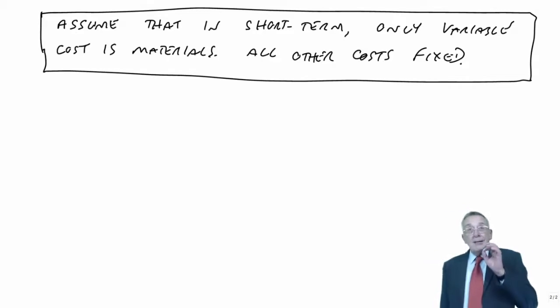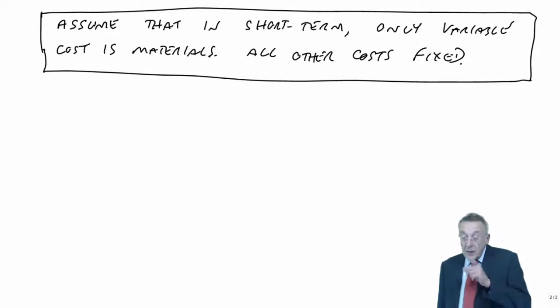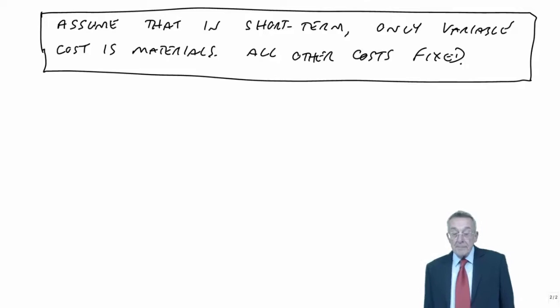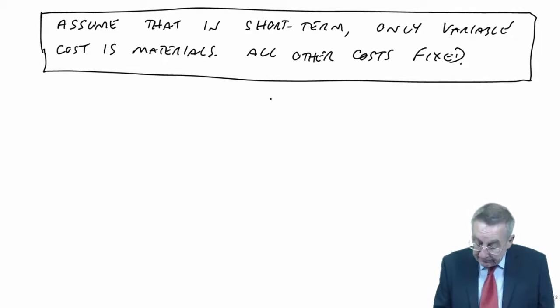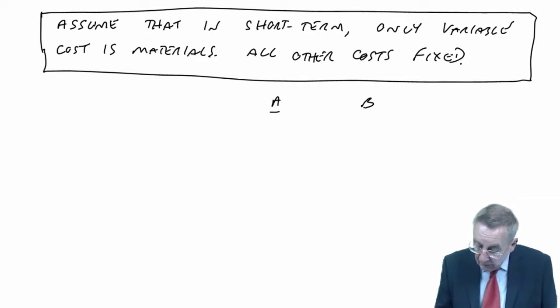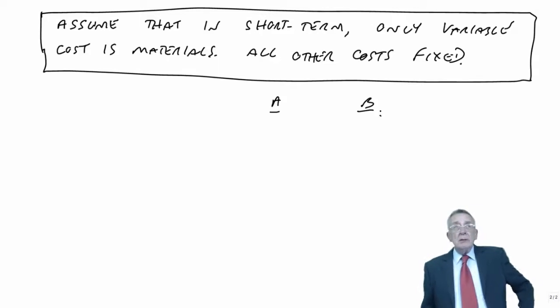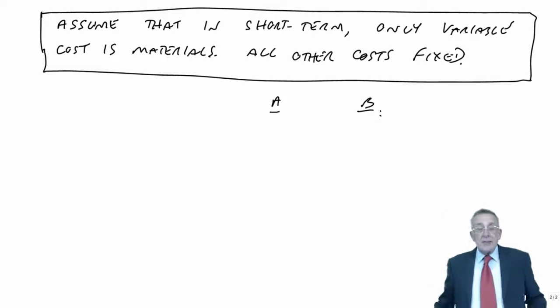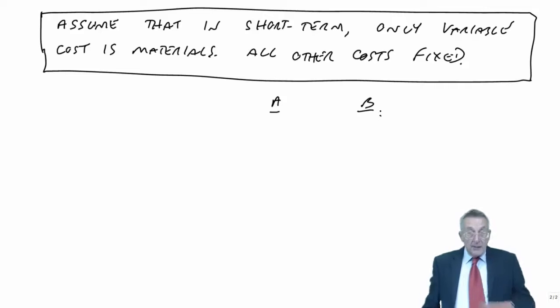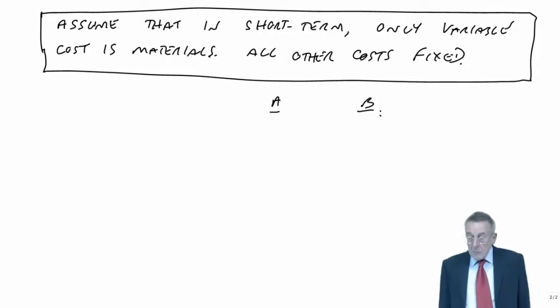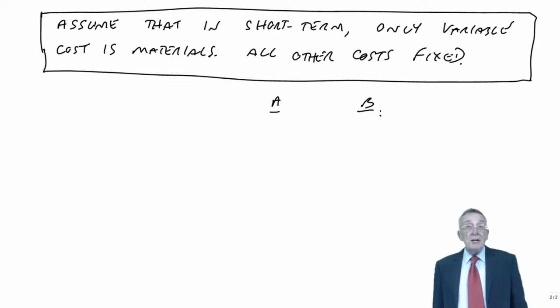But we now do exactly what we did in exercise 1, but with that one assumption. And what did we do? First of all, without repeating all the logic of example 1, remember it's exactly the same figures here. First of all, we looked at the contribution per unit.